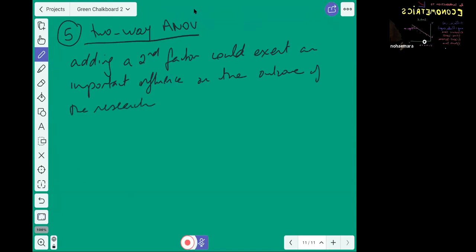Okay, so you're adding a second factor that could exert an important influence on the outcome of the results.